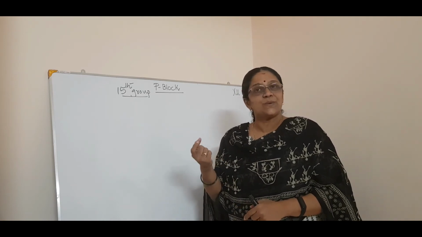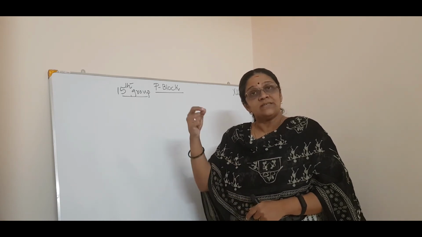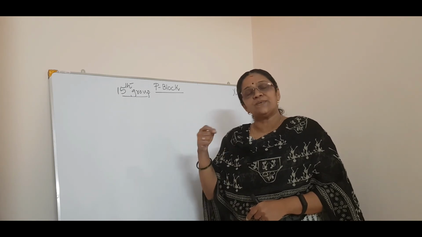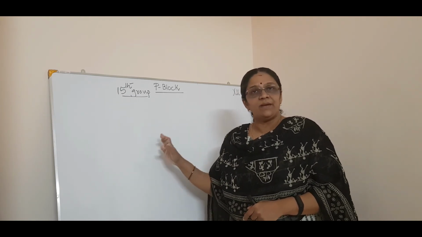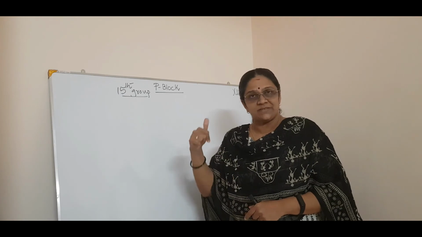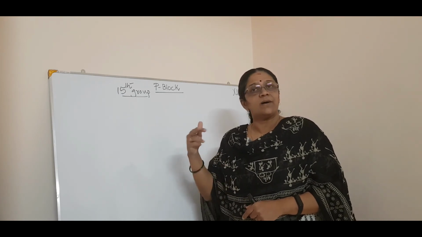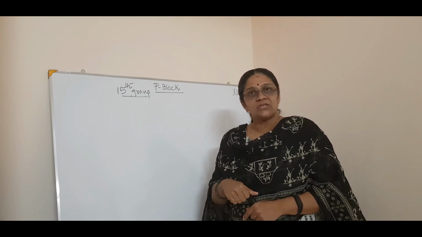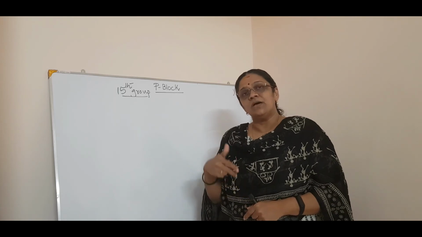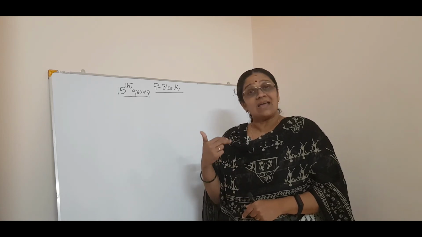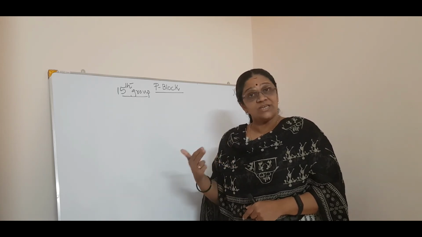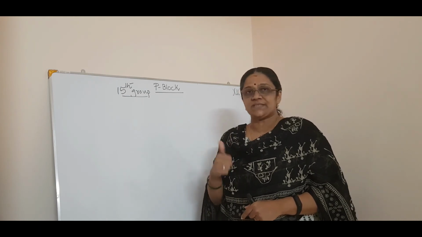If you see the question paper, all the 5-mark questions or the 3-mark questions are mainly from these P block and D block sections, like 3 questions of 1 mark each. All the questions are mainly accountable questions, logical questions, or reasoning questions.